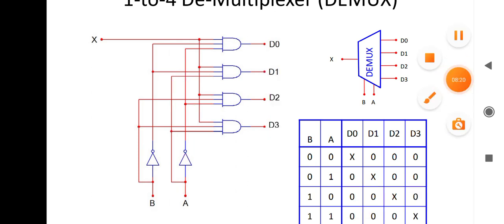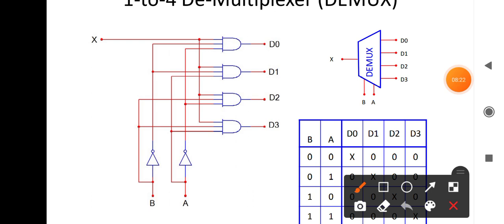Next we are connecting A, B as 01. 01 means B is equal to 0 and A is equal to 1. If you are connecting like this, then when B is equal to 0, the complement value will be 1.